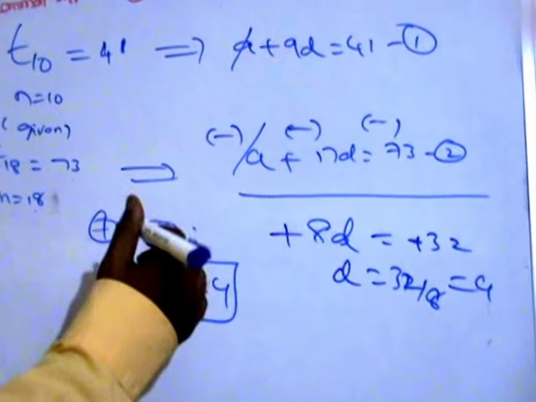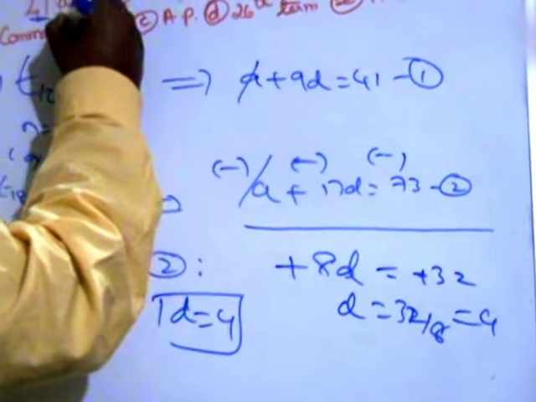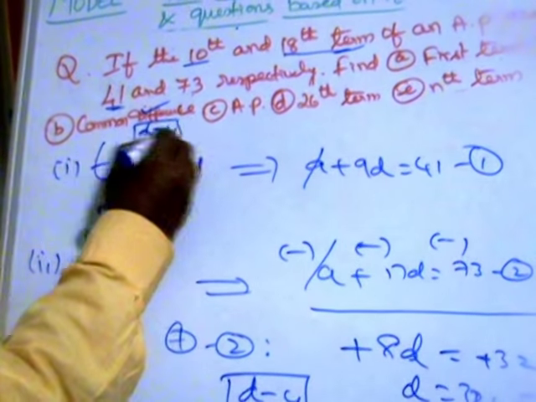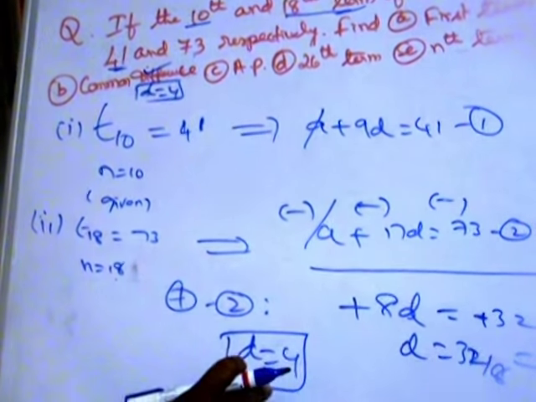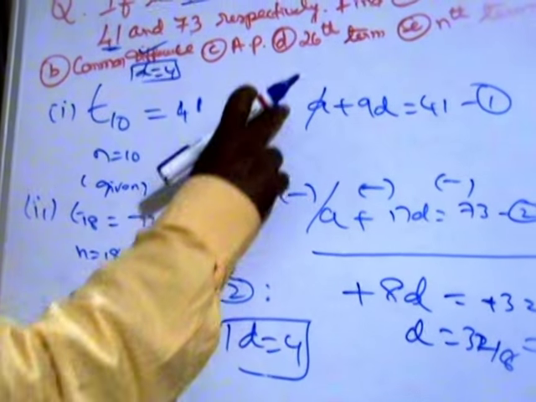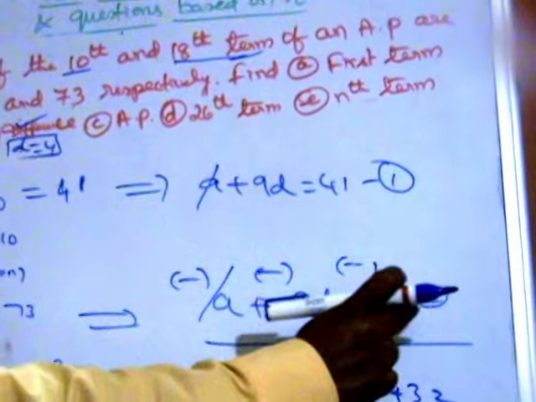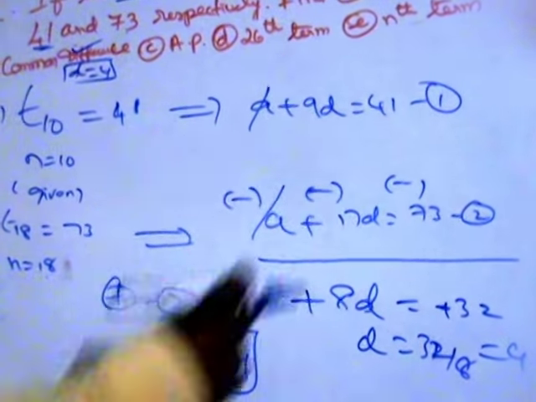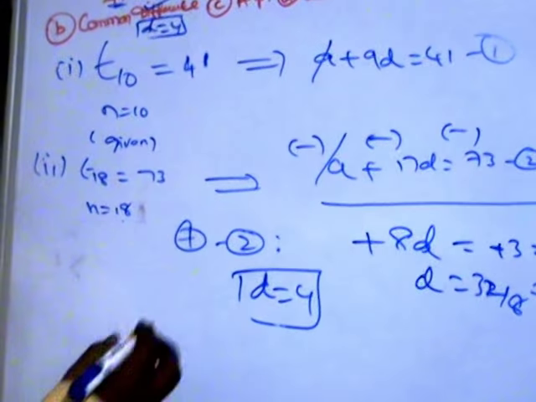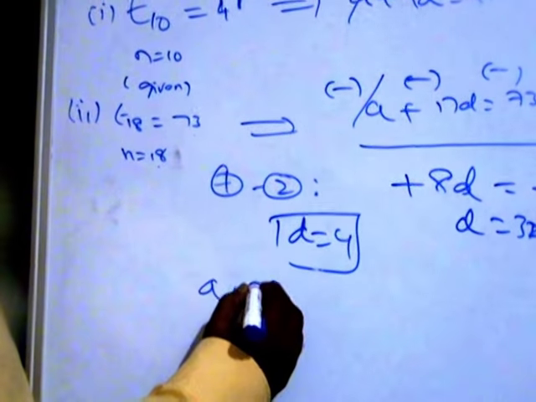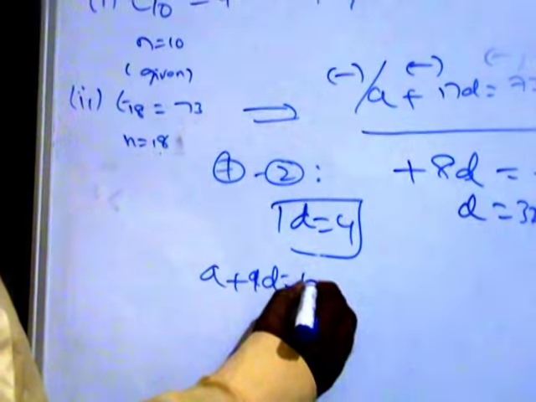So we got the common difference. Common difference is nothing but d is equal to 4. Next, after getting d equal to 4, you can get the value of a by substituting in one of the equations. Equation 1 is very clear. In 2 you change the signs and all, it becomes very messy. 1 is better. So a plus 9d equal to 41.